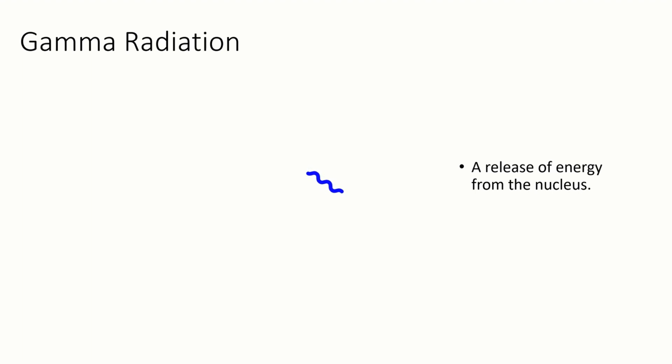Now, gamma can ionise atoms through a number of different ways, but one of these is down to the fact that electrons, when they're orbiting an atom, can absorb the gamma photons, these little packets of gamma. When this happens, the electrons have got too much energy for the atom to hold on to them, and they're ejected. Again, these ejected electrons can become beta particles of their own and cause further ionisation around them.